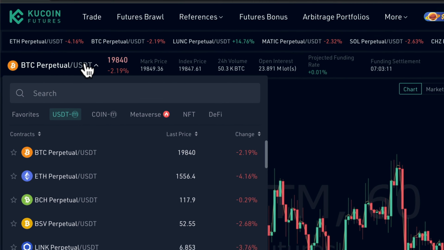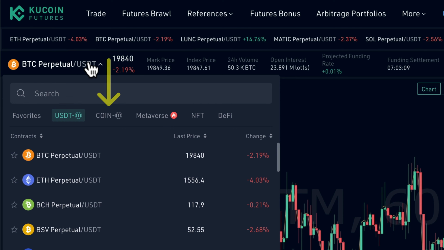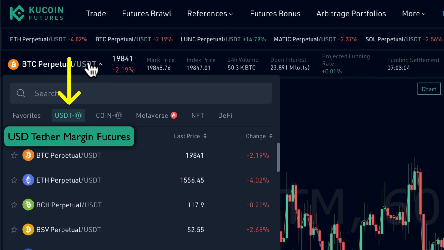On KuCoin, we have USDT-M futures and CoinM futures. USDT-M stands for US dollar tether margin futures, which means that these futures are settled in the US dollar stablecoin USDT, so we need to have USDT on balance to trade these futures.